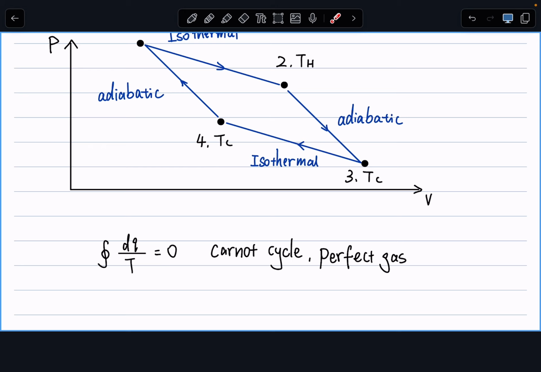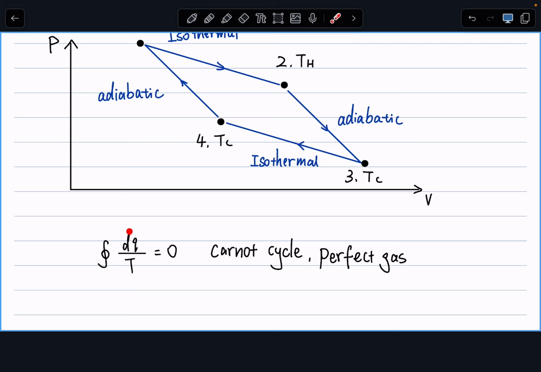So using the Carnot cycle and the first law of thermodynamics, we find that the cyclic integral of dQ over T must equal 0.